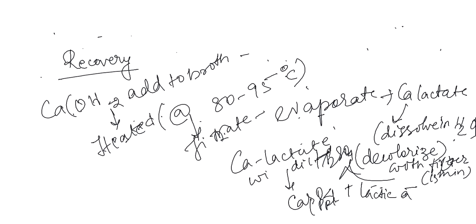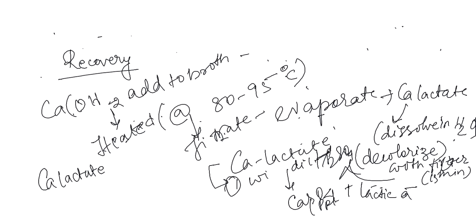Now this calcium lactate, along with the H2SO4, we will be sending in the reactor. Whatever calcium lactate we are having, we can do it two ways. One is the dilute H2SO4, getting calcium sulfate and lactic acid.